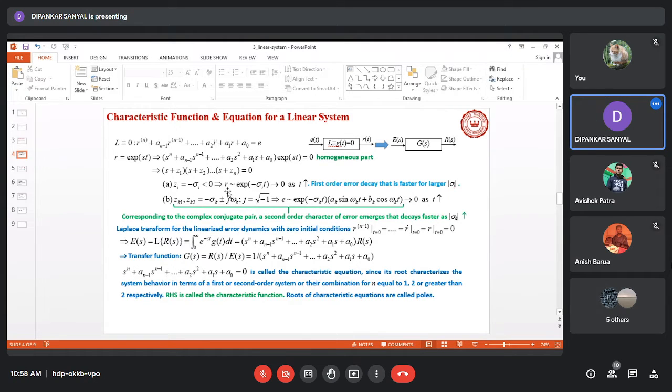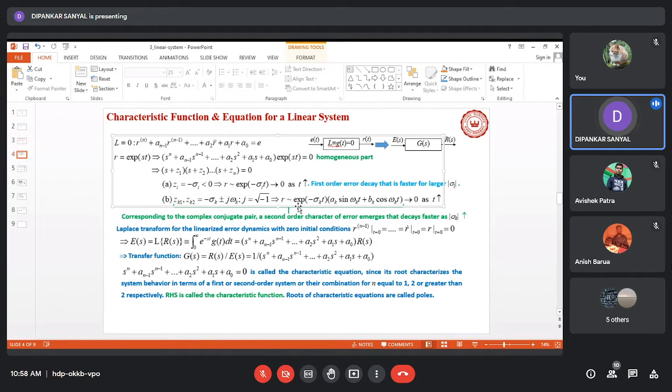And when we have a pair of complex conjugates, then corresponding to these two roots, the response should be of this form. Again, for the time being, you just accept this to be the form.